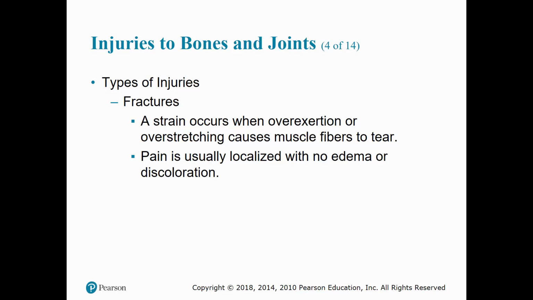Now, a strain occurs when those muscle fibers are beginning to tear, or they have become overexerted. Usually there won't be any edema, there won't be any swelling. The patient will just be hurting. They may have mild to severe pain.